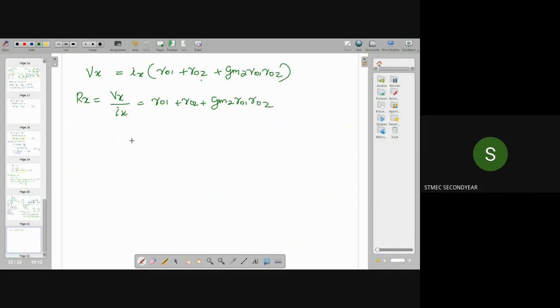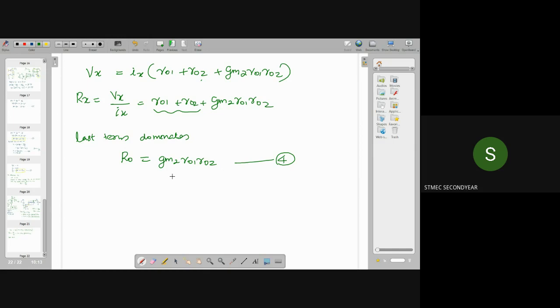In this expression, the last term dominates, because R01 and R02 are very high values, and they are multiplied with the Gm2 in the last term. That will be very much greater than R01 plus R02, so we can neglect these terms. We can write Ro approximately equal to Gm2 into R01 into R02. This is the fourth equation.